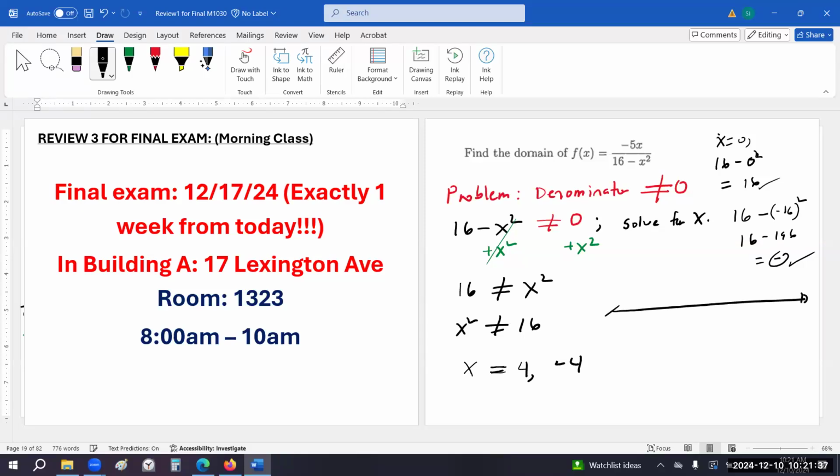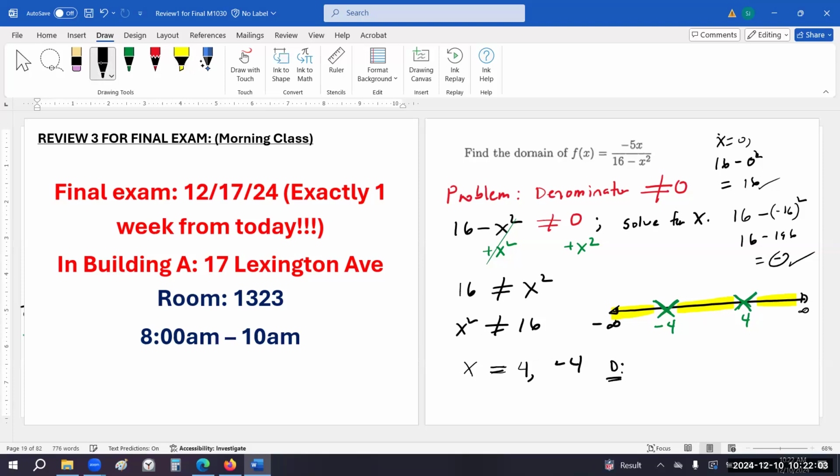So from the entire number line, from negative to positive infinity, we can substitute anything for our x, but there are two numbers that we cannot substitute, negative 4 and positive 4. So everything before that, between that, after that, we are allowed to plug in besides those two numbers.